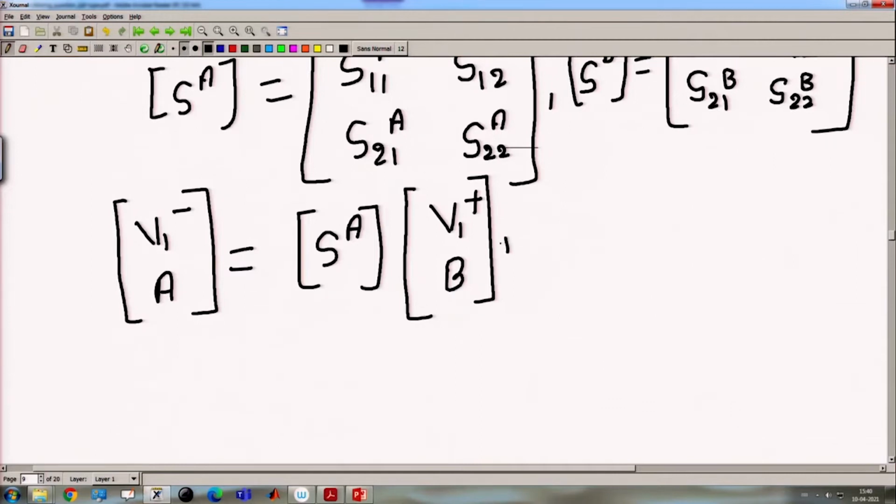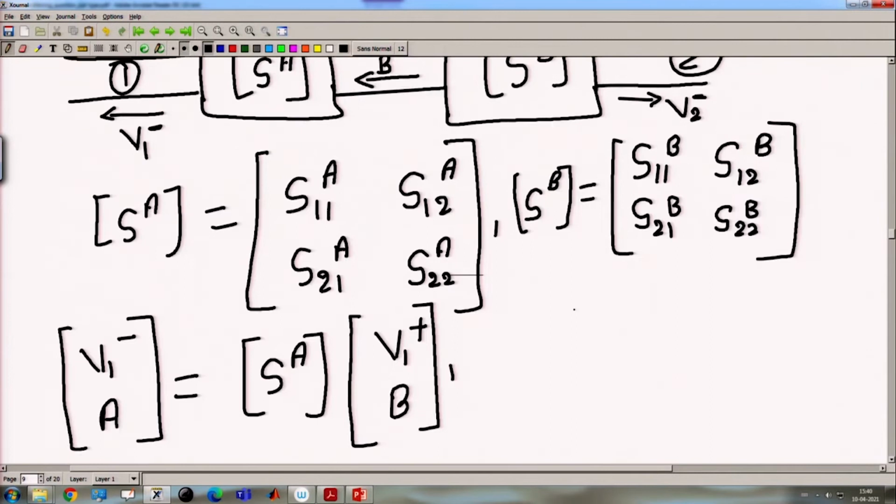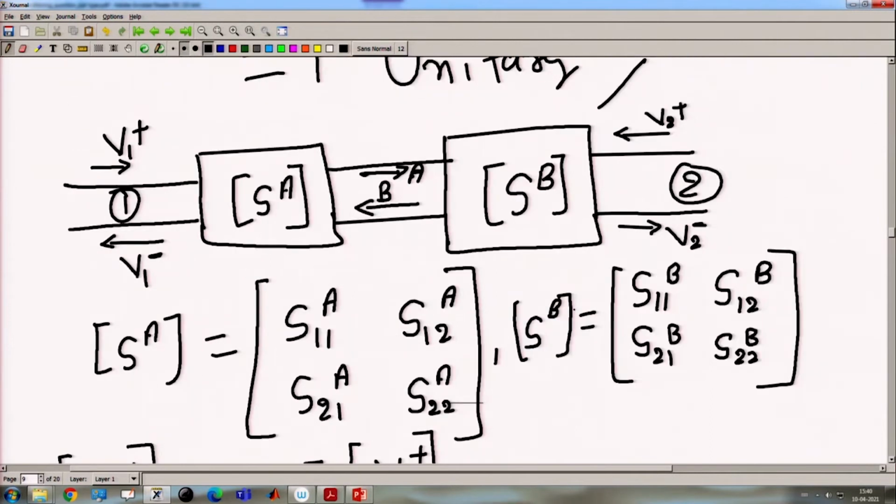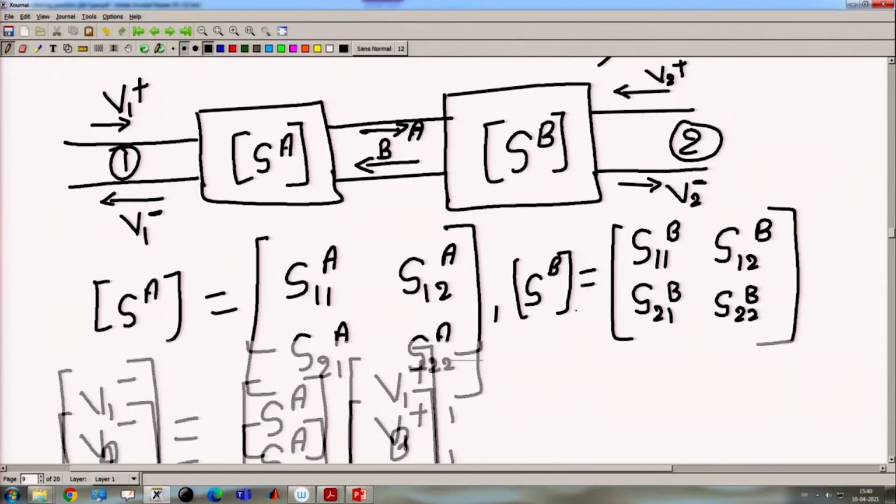Also for the second part, A is the first incoming for the second network and B is the first reflection from the first port. B is the first reflection and V2 minus is the second reflection.